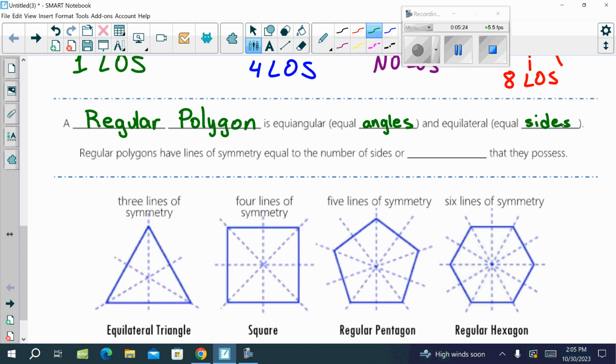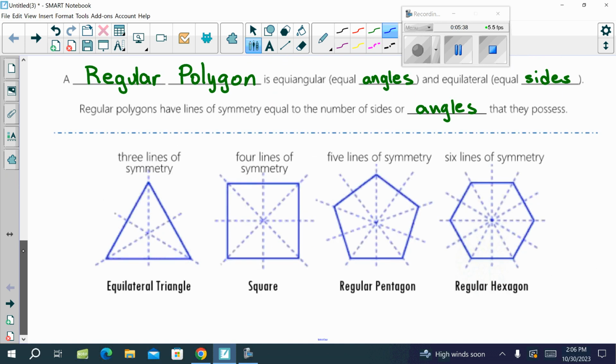Regular polygons have lines of symmetry equal to the number of sides or angles that they possess. So some of your regular polygons are below. An equilateral triangle, 3 lines of symmetry. A square, that's a regular quadrilateral, it's got 4 lines. A regular pentagon, 5 lines. A regular hexagon, 6 lines. And it keeps going. Any questions there?